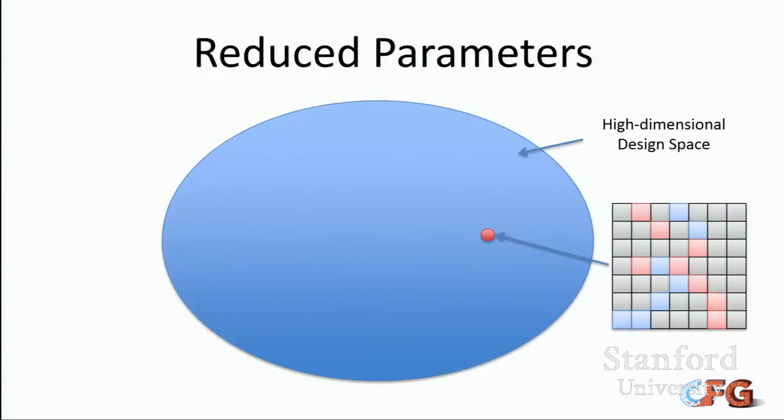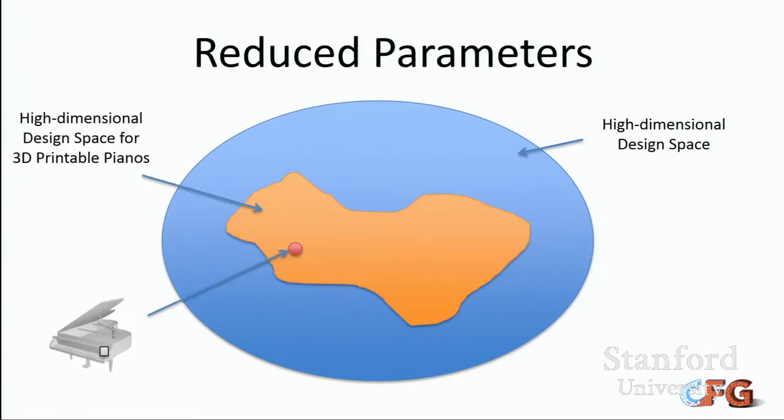If you would like to design a given shape, the set of shapes that are spanned by all possible voxel assignments is going to reside in some high-dimensional space. If you look at the space of pianos that can be described using, for example, multi-material 3D printing that satisfies our goals, this is going to be some set like this.